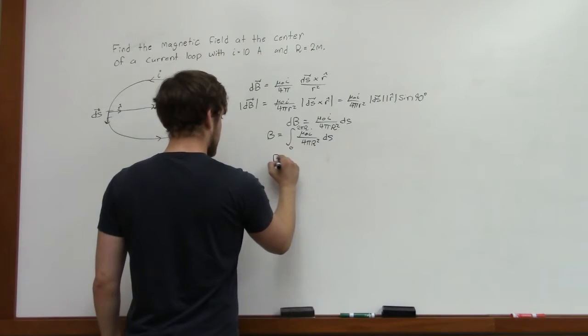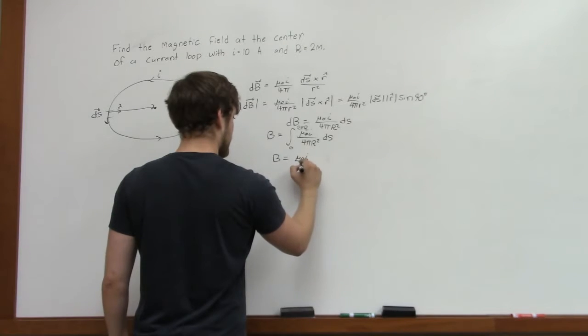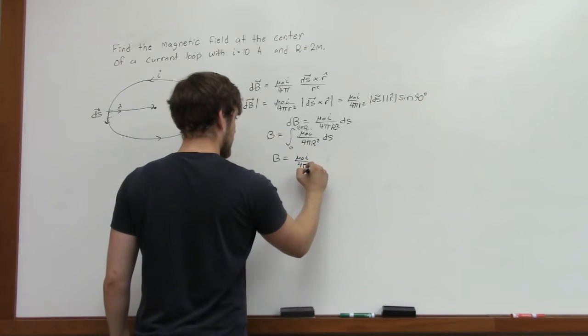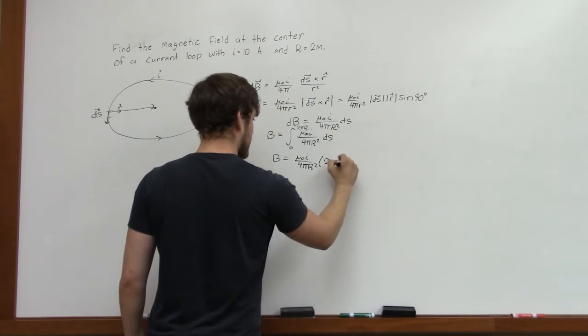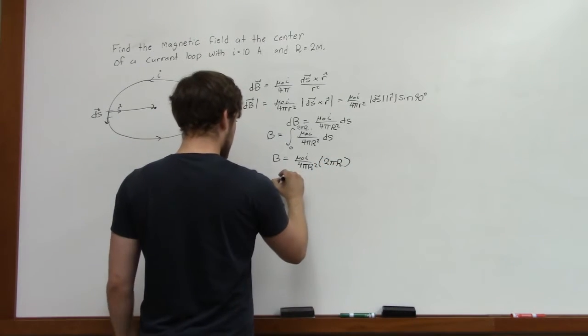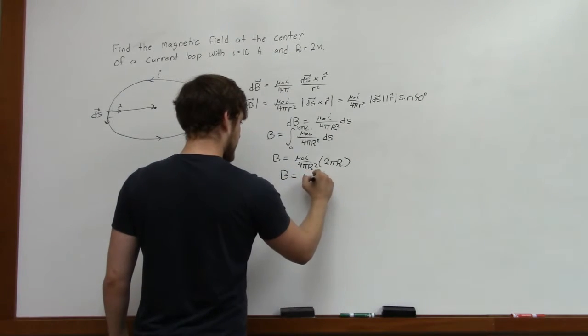And that is going to give us mu naught I over 4 pi R squared times 2 pi R, which is just mu naught I over 2R.